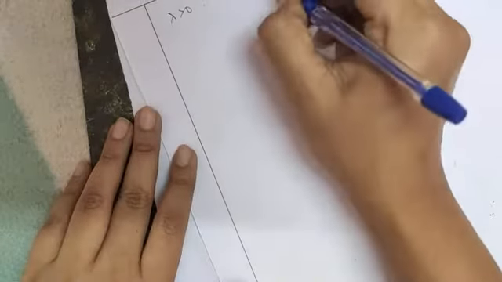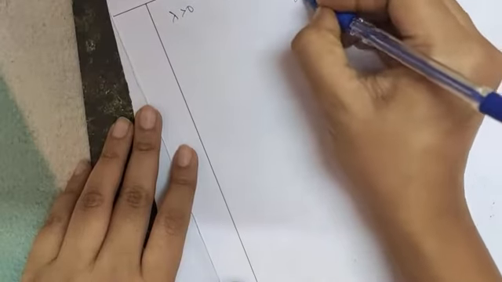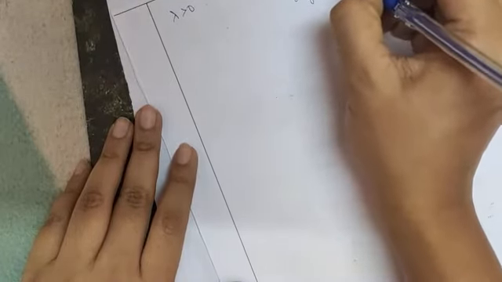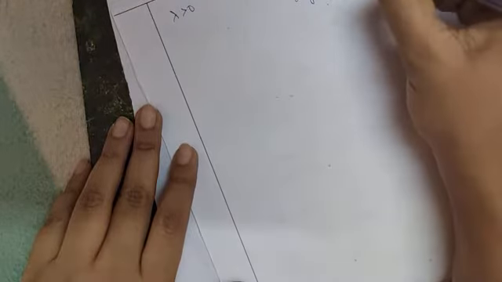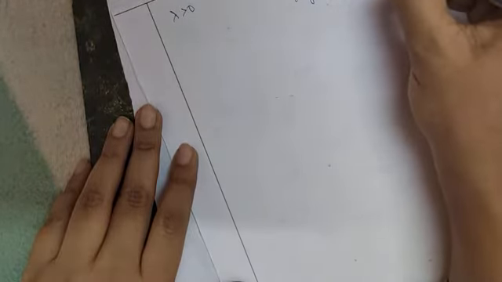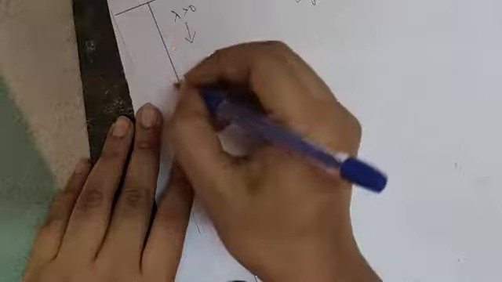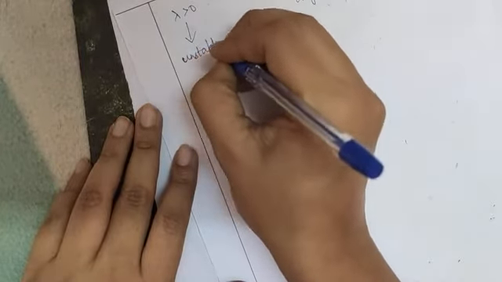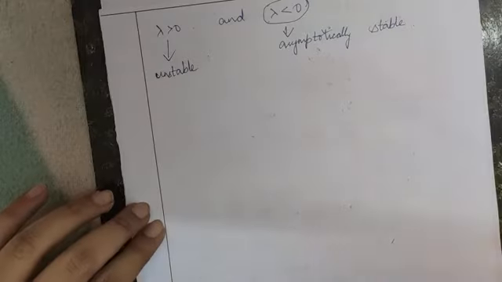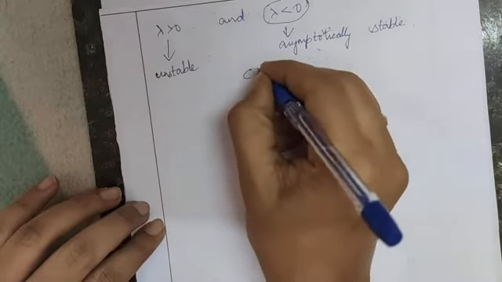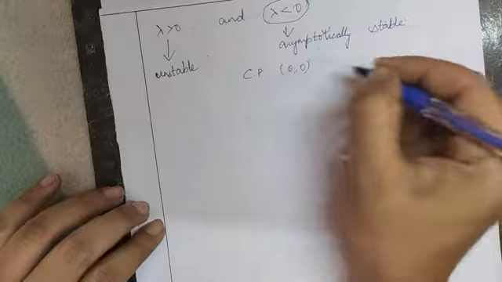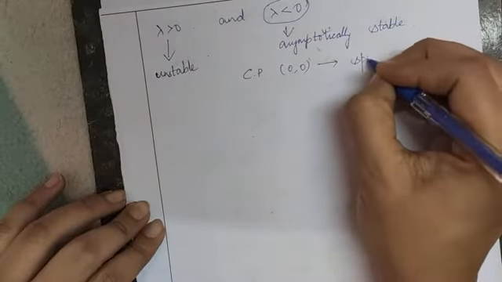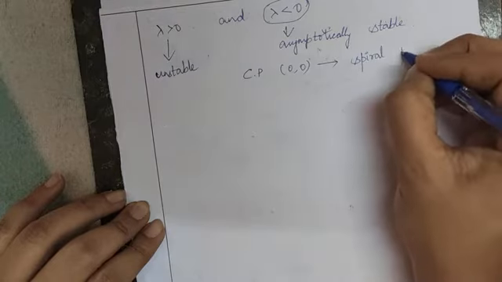So when lambda is less than 0, obviously it is asymptotically stable, and if lambda is greater than 0, it is unstable. The critical point 0, 0, here we call this critical point a spiral point.